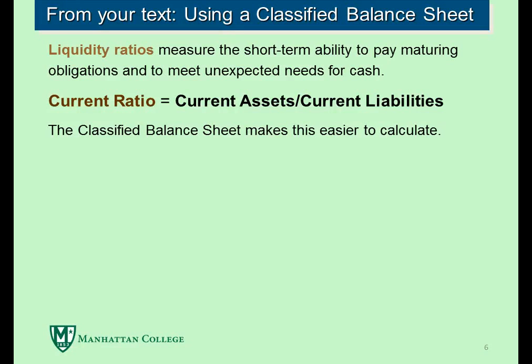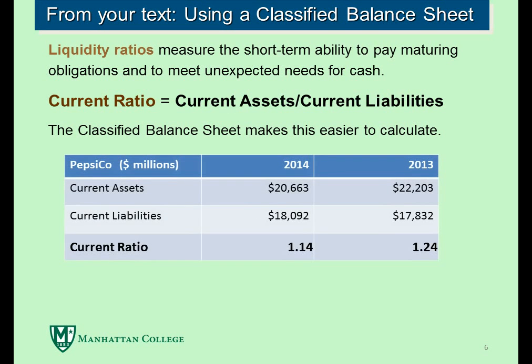The classified balance sheet makes this easy to calculate for PepsiCo. And I compared what happened in 2014 to what happened in 2013. In both years, PepsiCo has more current assets than current liabilities, meaning the ratio is greater than 1.